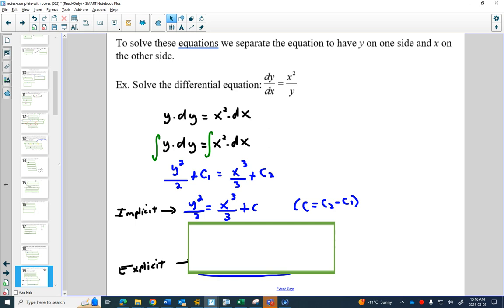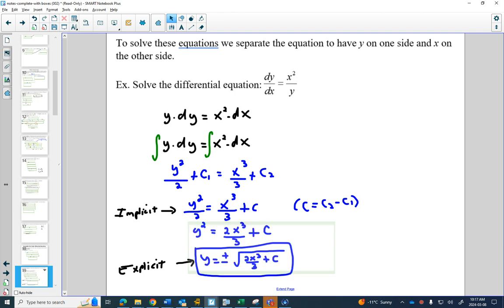And if you left it like this, it would be considered an implicit equation because you don't have y by itself. We could, if we wanted to, rearrange this and get y by itself, and then that would be an explicit equation.